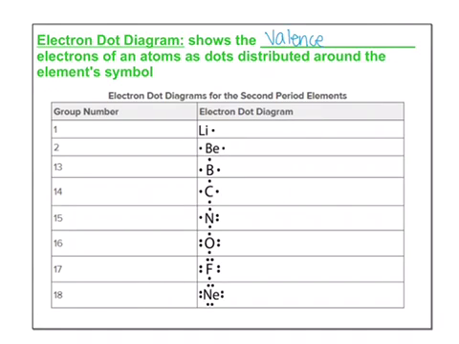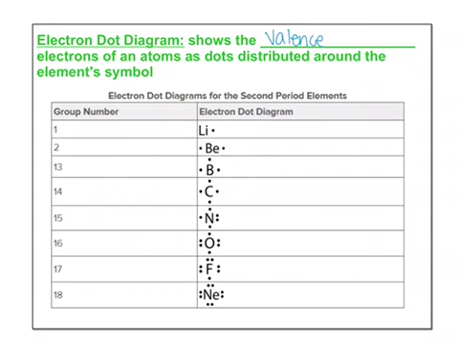And so the electrons are shown as dots around the element symbol, and so I think we've done these before. And so for lithium, it's got the 1 valence electron, and we see that with 1 dot. Beryllium has 2 valence electrons, and so it has 2 dots around it.